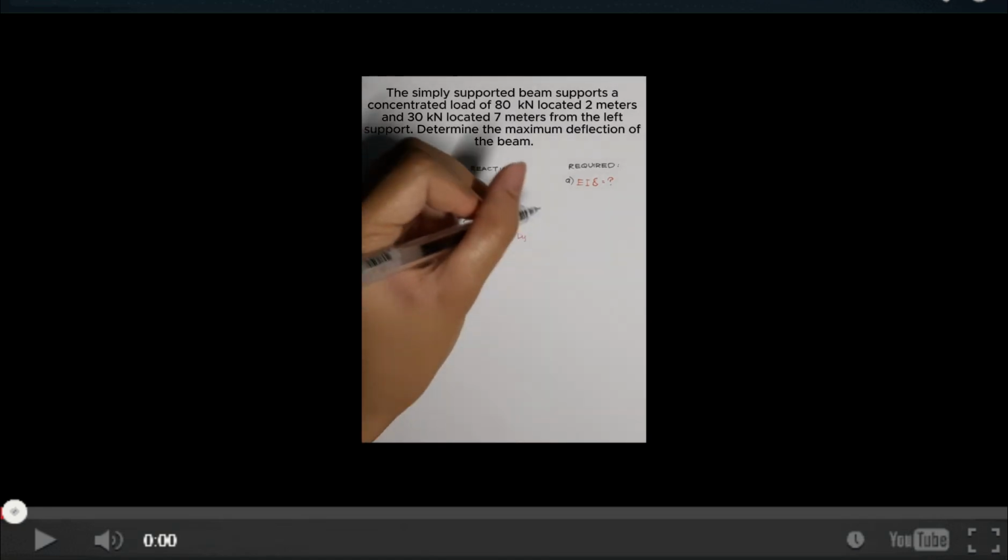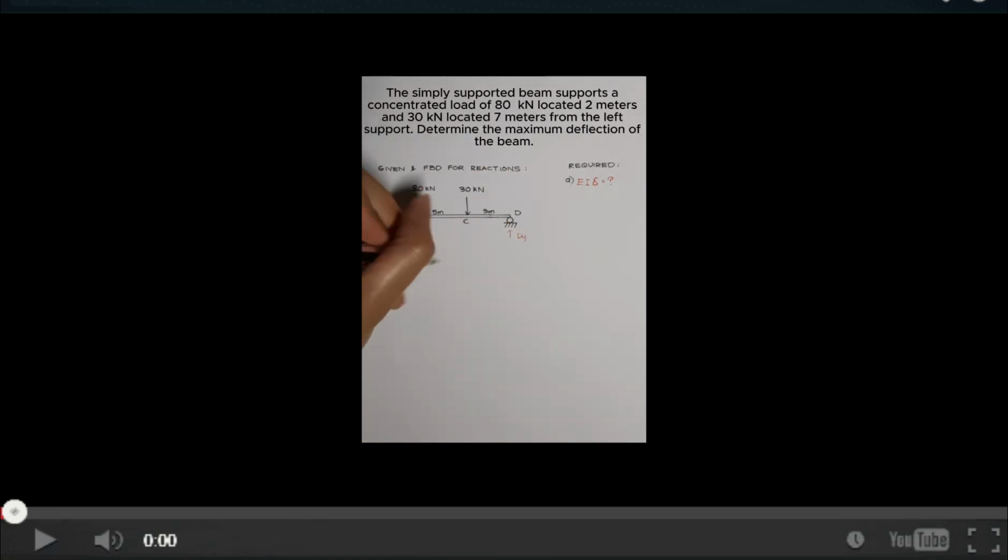For the loading, that is 80 kilonewton, dahil pababa yung arrow, and yung ikot niya papunta sa D ay counterclockwise, so it's negative, 80 times the distance 8. Then again, the loading, negative 30 times the distance 3 is equals to 0. So for the answer, AY is 73 kilonewton. So nasolve na natin yung AY.